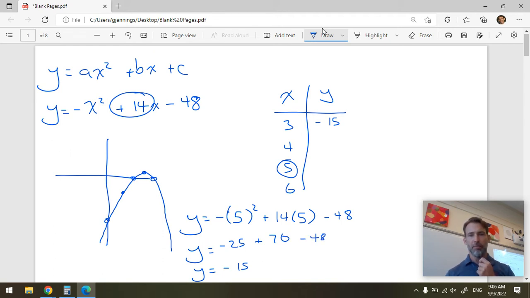Let's see what we have there. Minus 3. So now let's expand our table of values. Actually, 6 is a very interesting point. Let's take a look at 6.